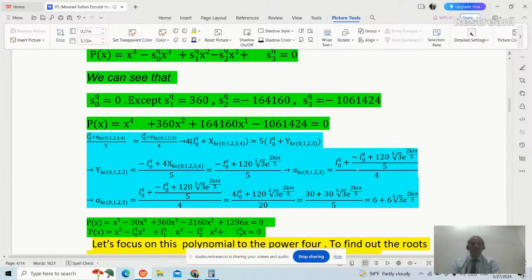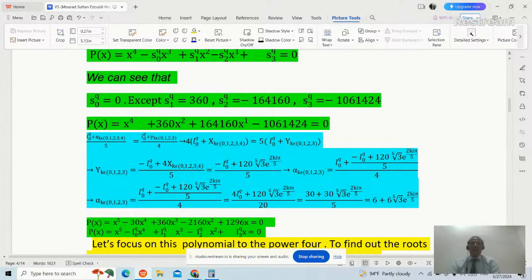I'll just replace this. It will be equal to L0 for the cube plus negative L0 for the cube plus 120 times the fifth root of 3 exponential 2kiπ over 5, all divided by 5, all divided by 4, because a polynomial to the power 4 has 4 roots. That's why here we divide by 4.